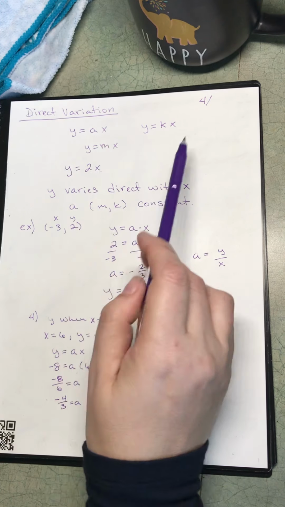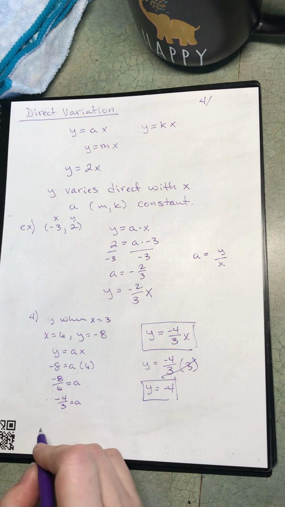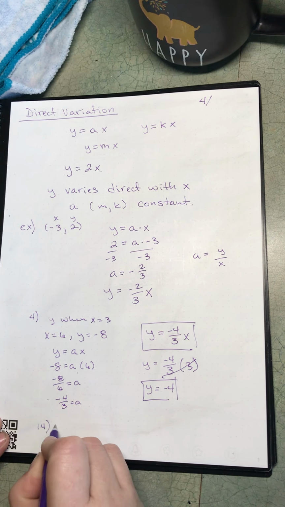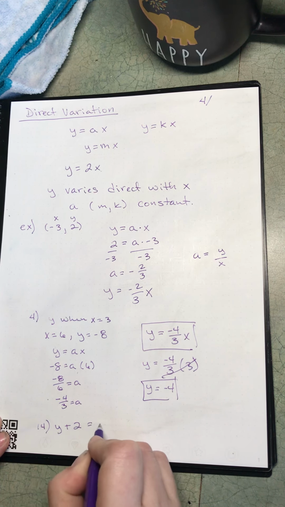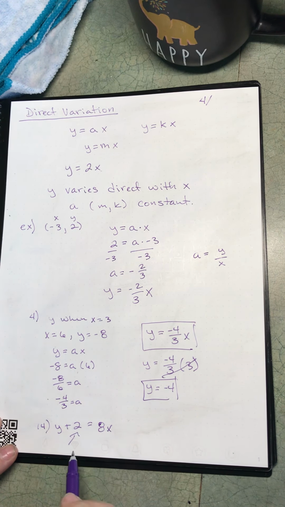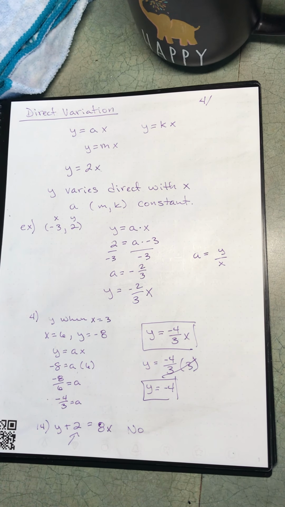If there's another constant hanging out, it's not direct variation. So for instance, number 14, y plus 2 equals 8x. This 2 right here shouldn't be there, so it's a no, not direct variation.